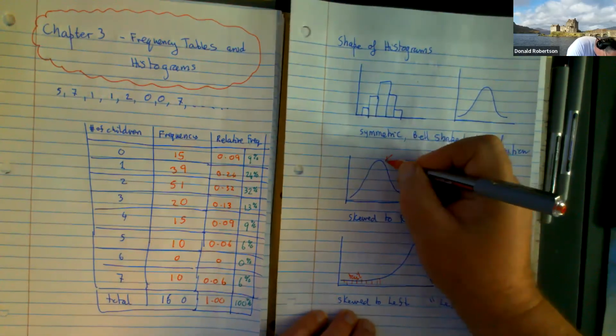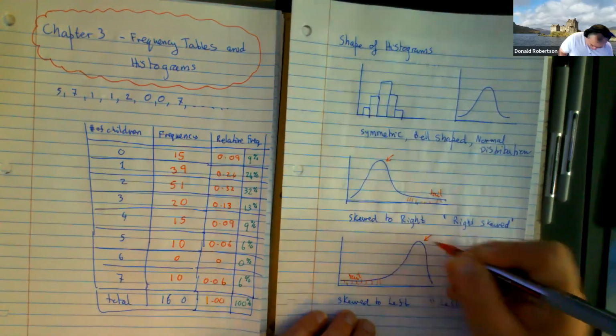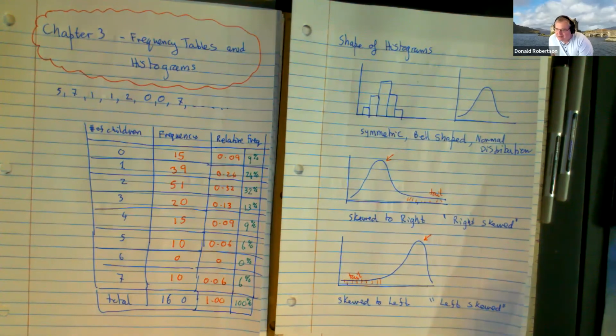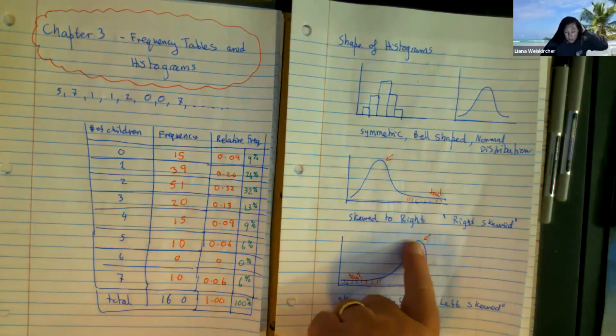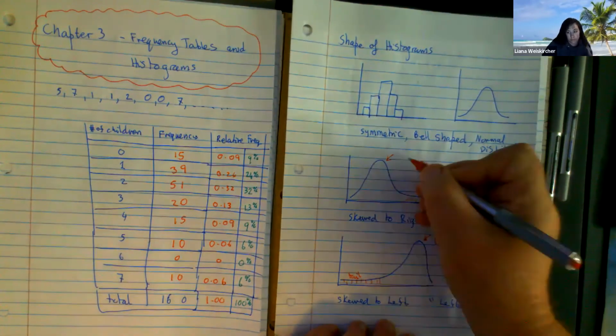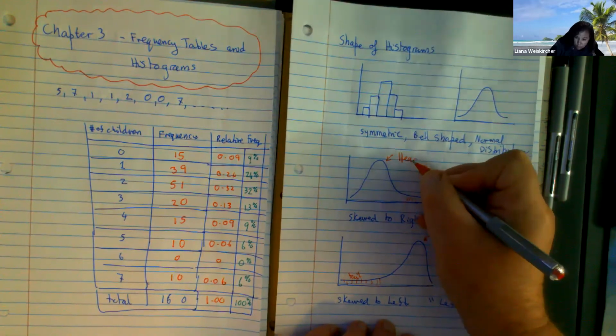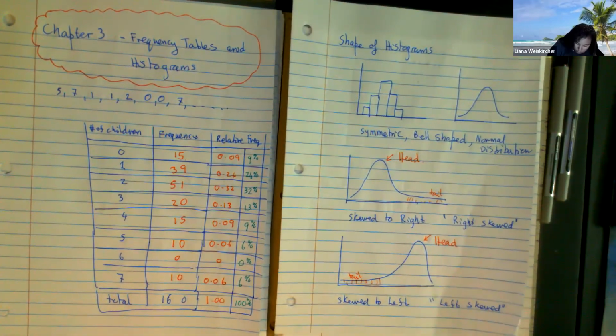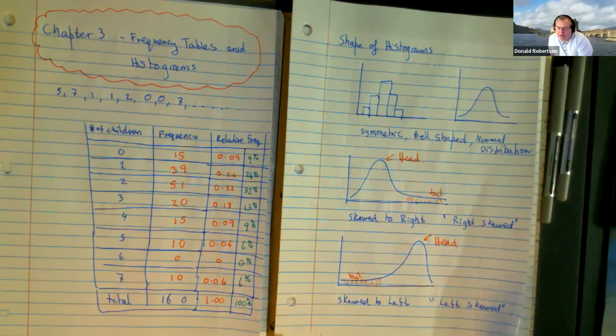Do you know what this piece is called? If you were making up a name, what would you call this bit? Apex. Now, one of the uses of having labels or names for shapes is that it means that we can describe something using words without having to show you the picture.